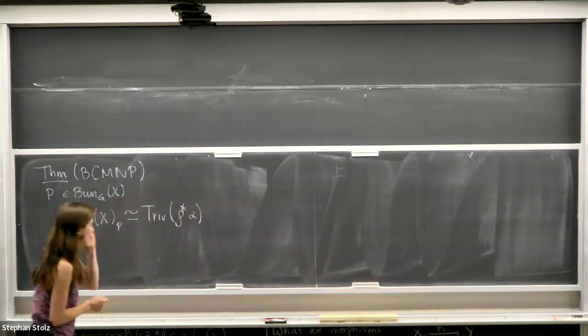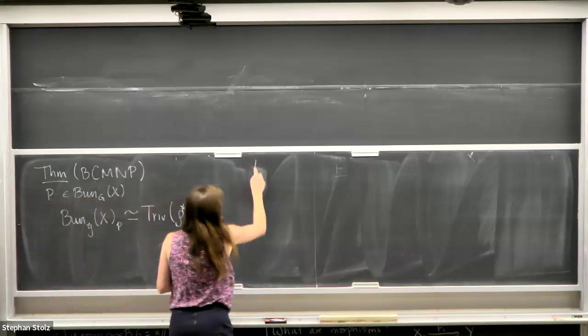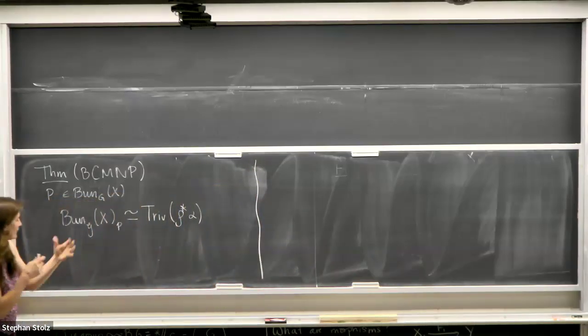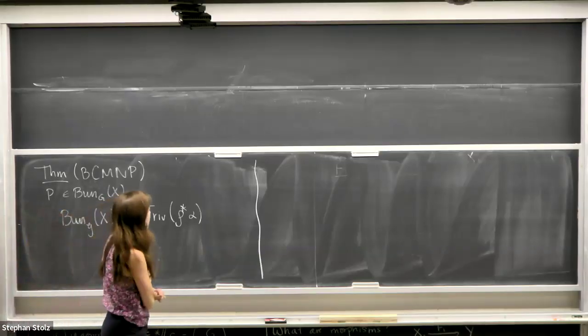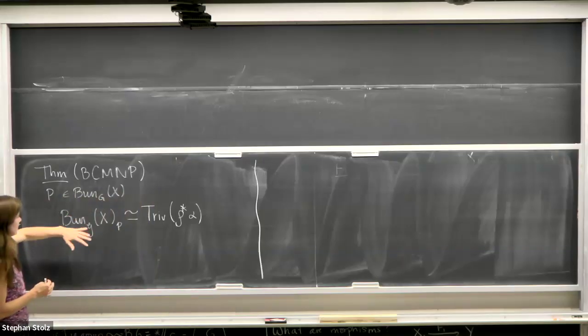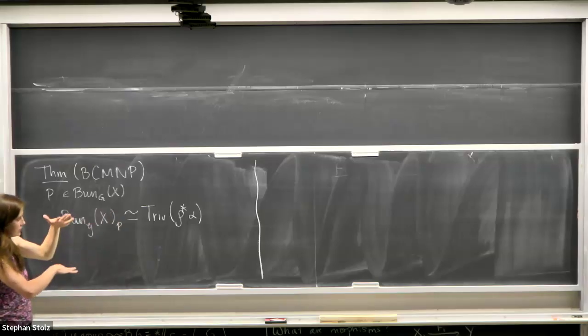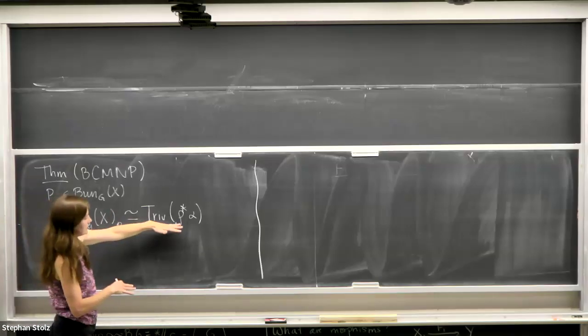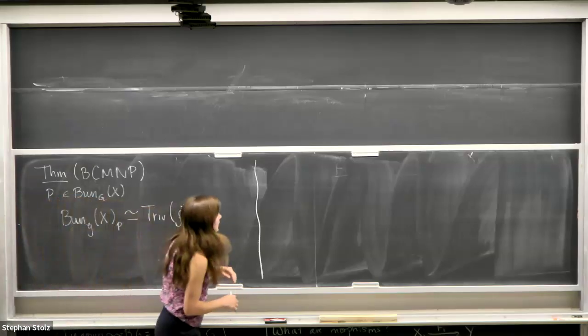a final two-minute comment, which maybe will connect with Matthias' talk next. So what is this? This description of these 2-group bundles, as lifts of an ordinary G bundle, as trivializations of this rho star alpha.